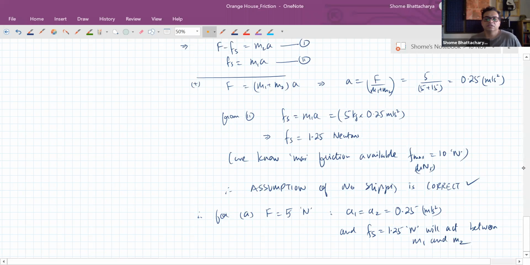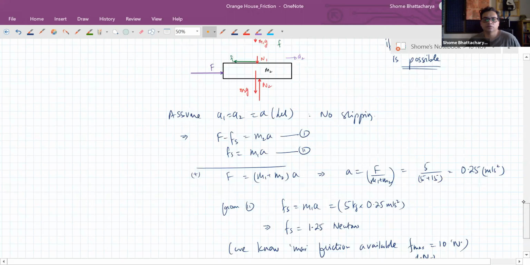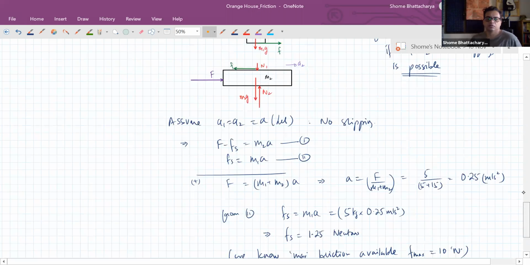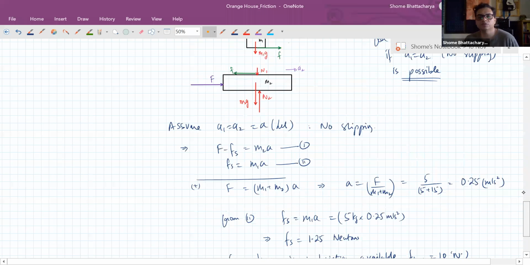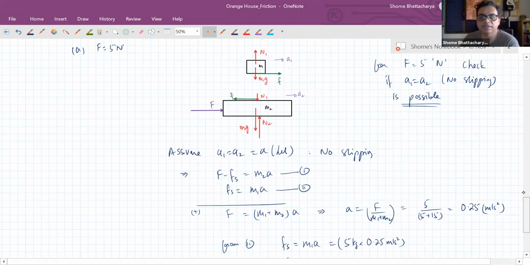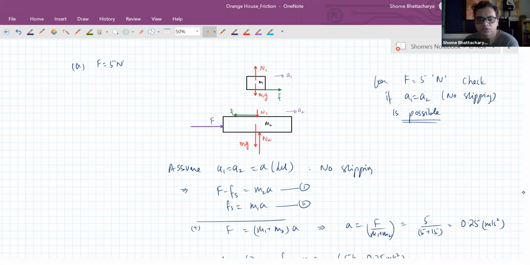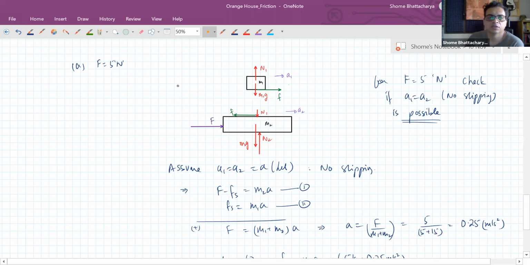So basically you can say in this case what is happening is friction is successful in its job to try and prevent slipping, because the amount of force we are applying, 5 newtons, is comparatively less. So friction is able to make the two blocks move together without slipping. Okay. So just make a note of this, then we'll discuss the second case.